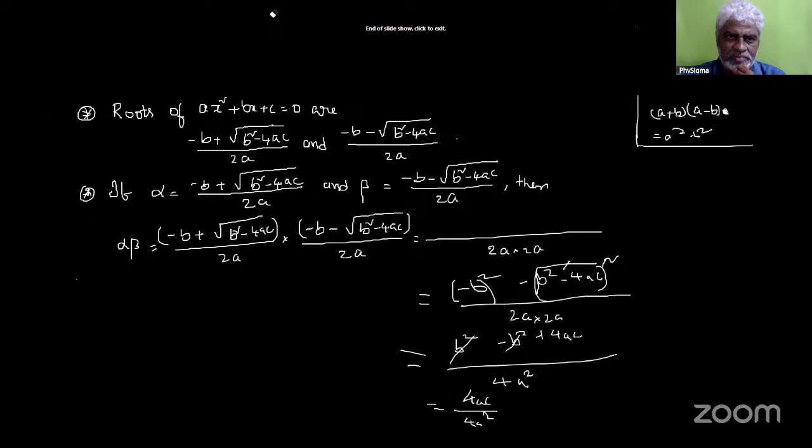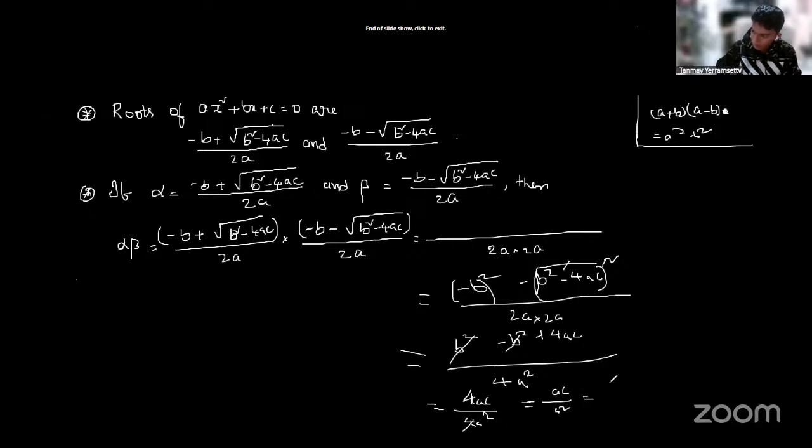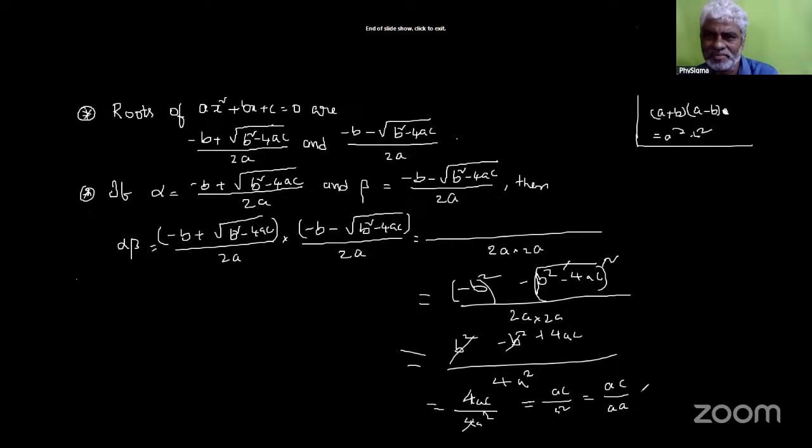After cancelling 4, ac by a square. A square means a into a, so you can cancel out the a. So the answer is c over a.